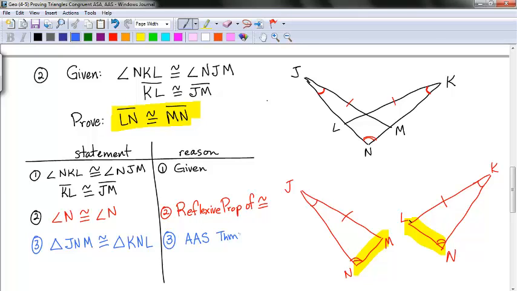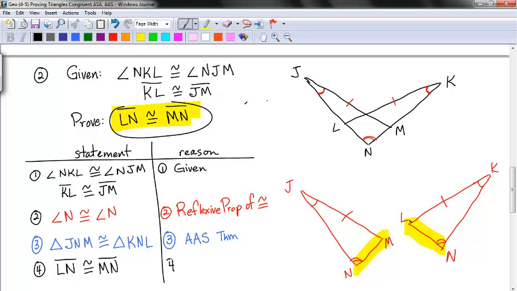Now, as soon as you get the triangles congruent, their parts are congruent. And that's what we wanted up here. So LN, and if you look at the order here, LN is congruent to MN.